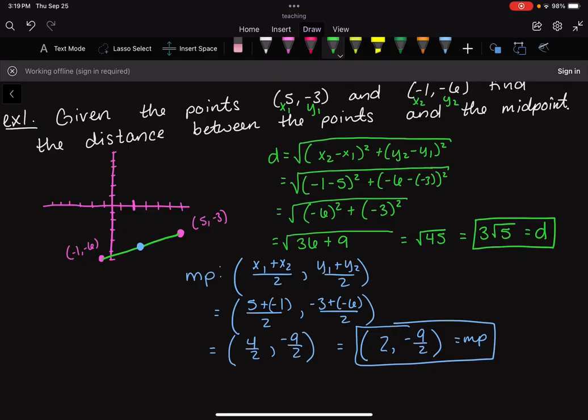Now here's the cool stuff. What we also just found in relation to circles is the midpoint is actually the center of a circle. And we can draw a circle around the rest of it. And then my distance that I found is my diameter.